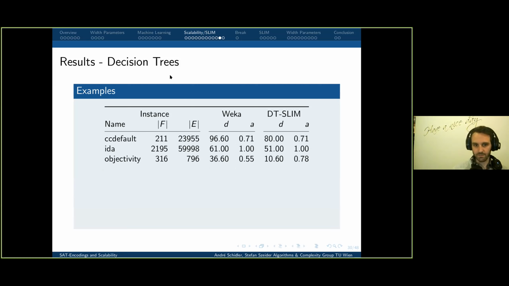These are just some hand-picked instances. They're not necessarily the best instances, but of course good instances. But you can see here we have a large instance with 24,000 samples. And here you get a decrease of like depth 16. So this is more to illustrate that it actually works on quite large instances as well.